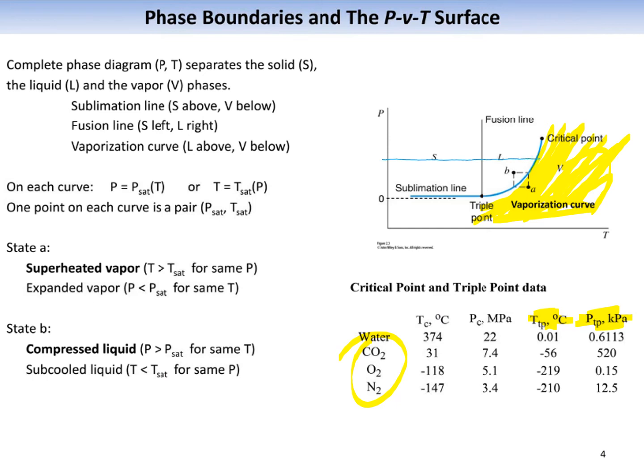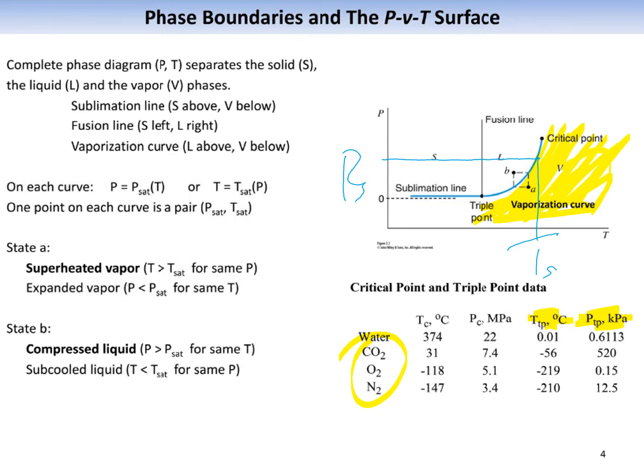Here we have our pressure. So this is the saturation temperature for this saturation pressure. If we have a system in which temperature is more than this saturation temperature, the substance is in the form of superheated vapors.